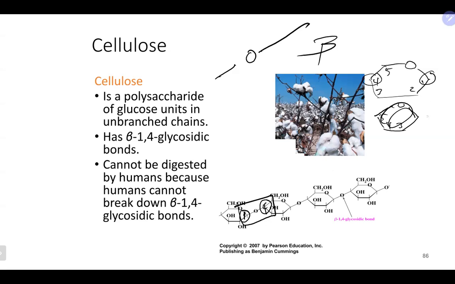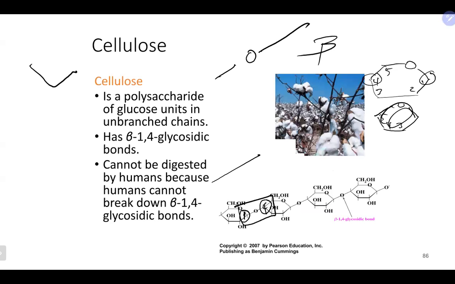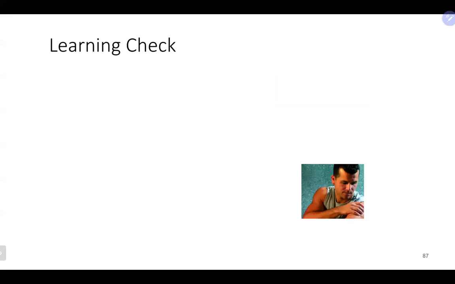And in this case, it is a 1,4 connection, but we see it going upwards, which tells us it's a beta, as opposed to that 1,4 connection where it's going downward, which is an alpha connection. Humans cannot digest that bond and break it down, so you probably shouldn't eat that cotton or anything like that. Would probably be a bad idea.